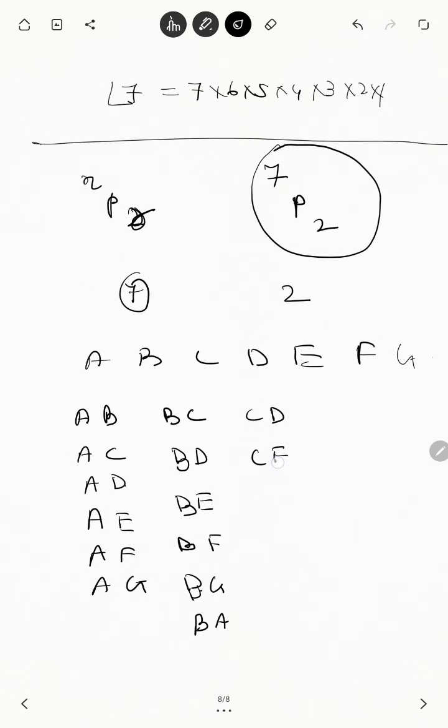CD, CE, CF, CG, CA, CB. Only taking 2 at a time. The fundamental theorem of counting says that the first choice will be out of 7 choices, and the next choice will be 7 minus 1, that is 6. So we have 42.